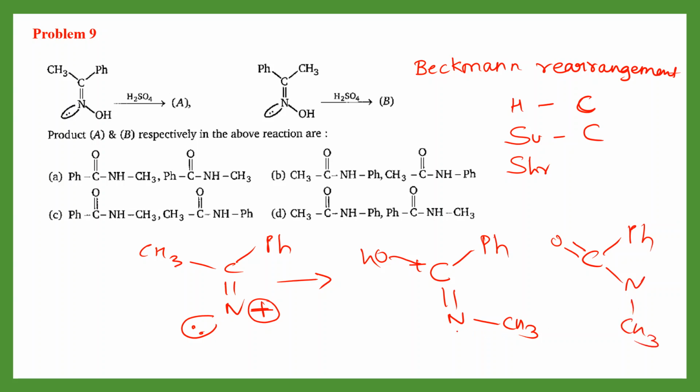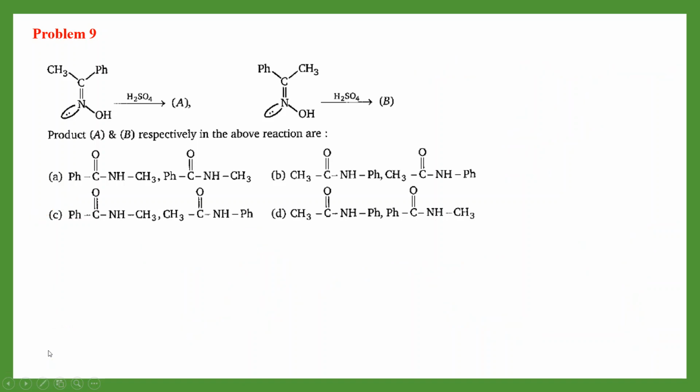So you were saying C, CH3, NH. Very good. And here, since only these two groups have swapped, this product will come. But in the exam, you have to show it like this. Let me draw that correct version. So option number C is correct.